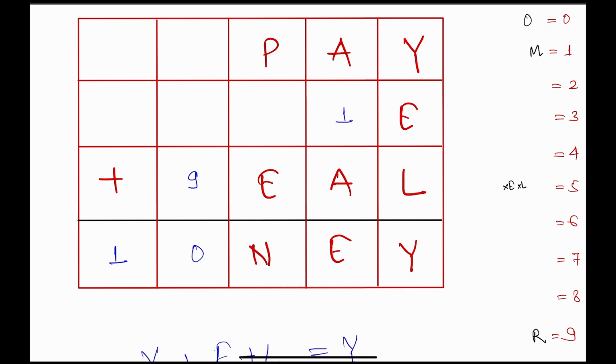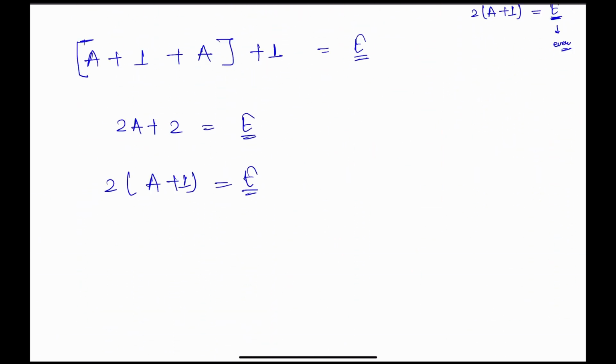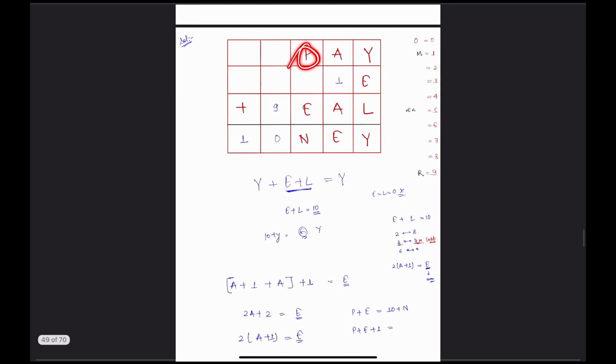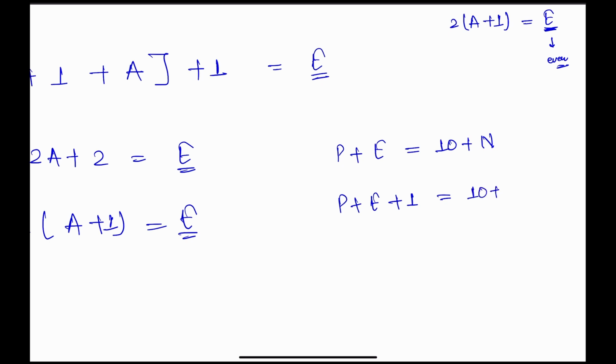And then in the next one, what is happening is that it is for sure that one is coming as a carry over here, that is P plus E equal to N. So there could be two possibilities. The first possibility is P plus E equal to 10 plus N. Second, if one carry is coming over here, then P plus E plus 1, again it will become 10 plus N, but I am not sure which one is correct.